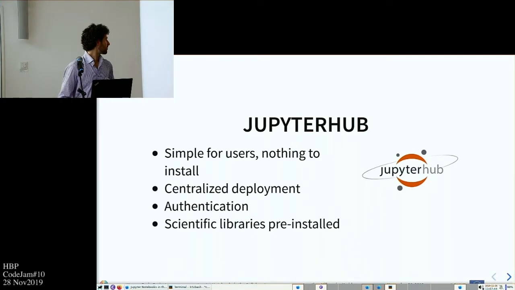So the typical workflow for running a Jupyter notebook would be that you would install Python on your own laptop and start it up. You would have to have installed quite a few libraries. It's not necessarily that simple. And so JupyterHub itself is a platform that is a central deployment of these notebooks. Rather than installing anything on your computer, you can just log into the JupyterHub, and you'll have everything installed for you in the container.